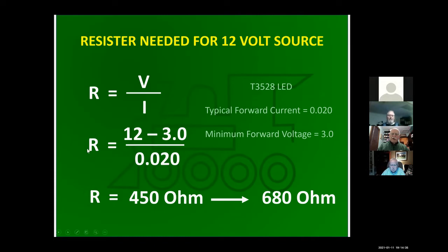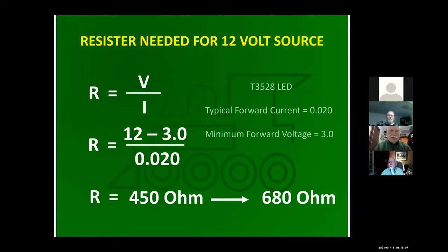How big a resistor are we going to need to make sure that only 0.02 amps flows through it? We start with 12 volts and take away the 3, because the LED is going to use up 3 volts to be activated. We subtract that off and divide by the current the LED runs at, 0.02, and that says we would need a resistor of 450 ohms.